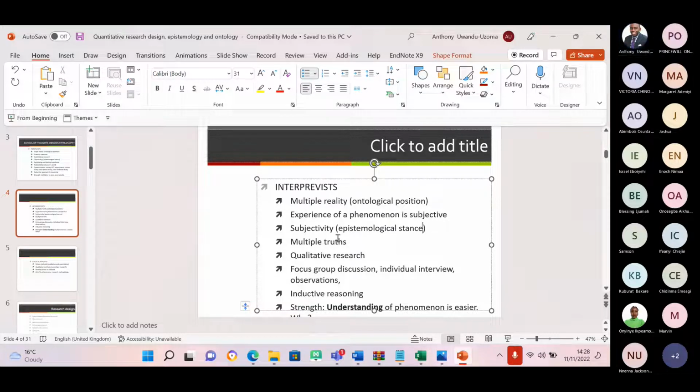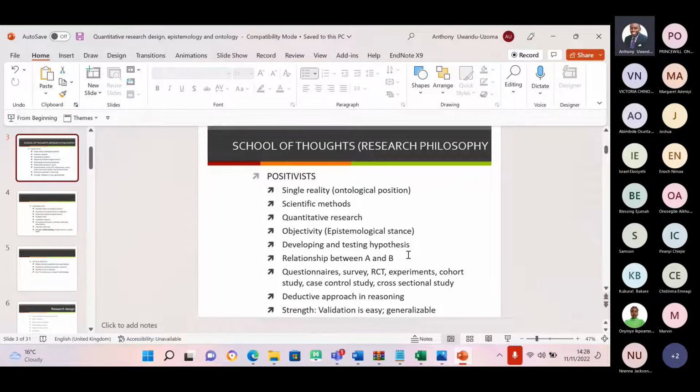Then the last one is your methodology. Methodology means how do I collect my data?